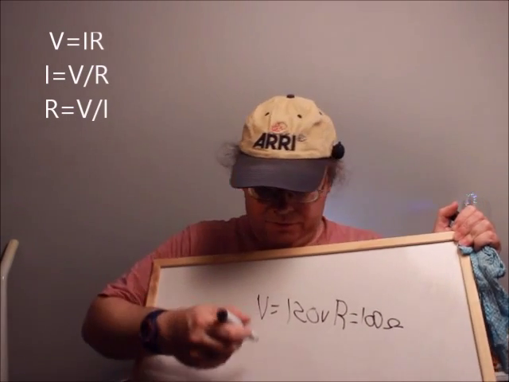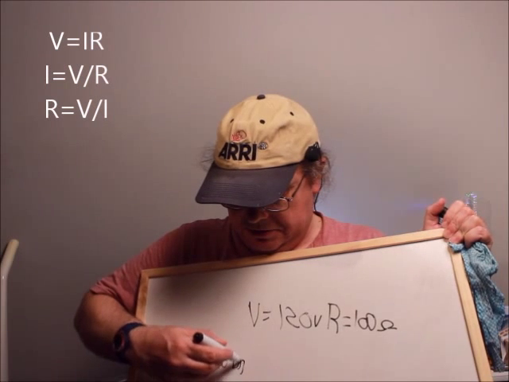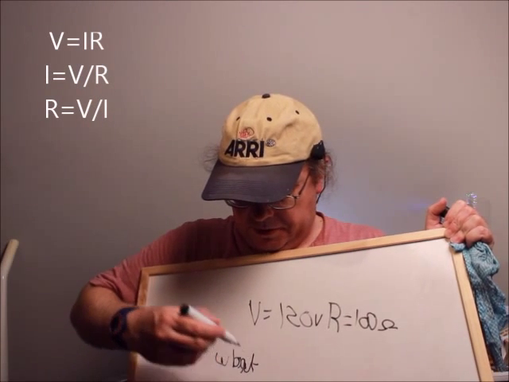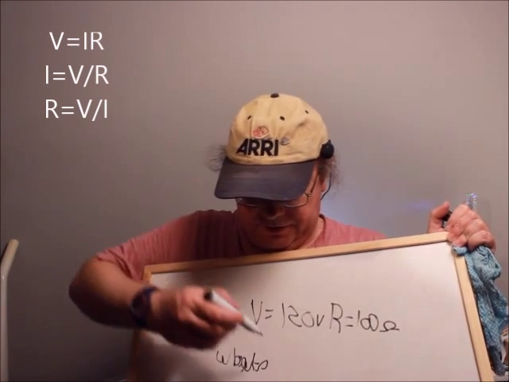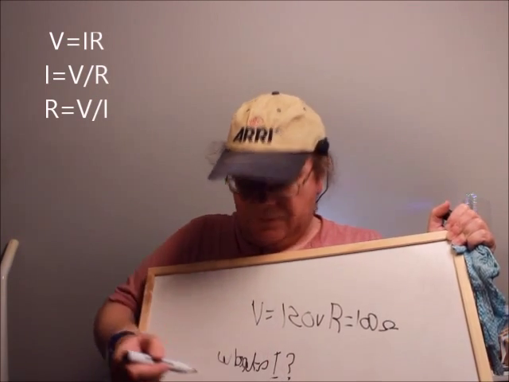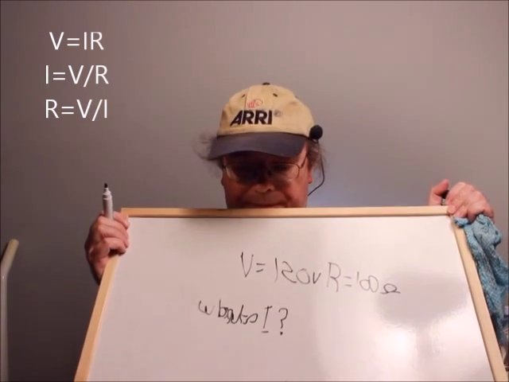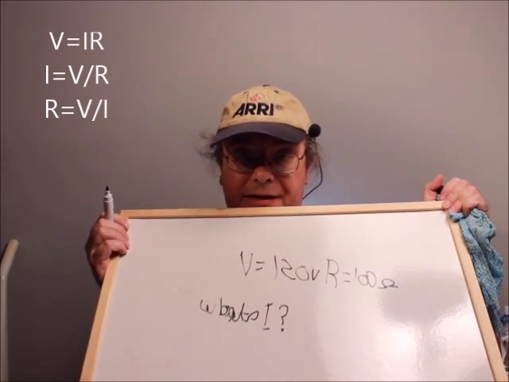And we want to know what's I. Oh, I won't be the right way up by the time I've finished all these videos, will I? What's I? Well, that's easy. I've got rid of the triangle. It's V divided by R.